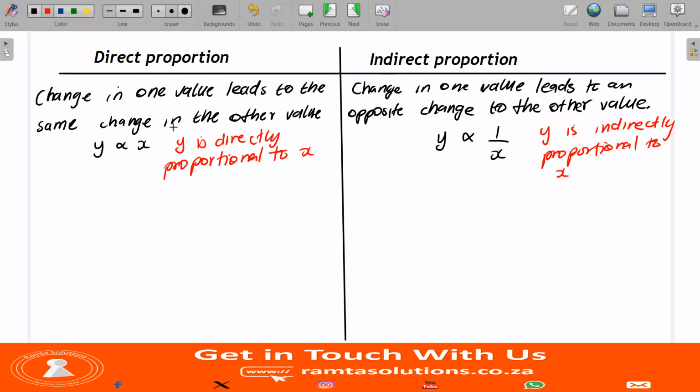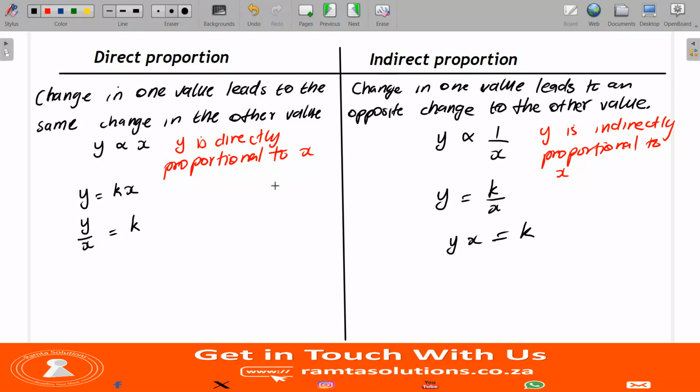So this means y is equal to a constant times x. And here we are saying y is equal to a constant over x. Therefore, we can say y over x is equal to a constant, and here y times x is equal to a constant.